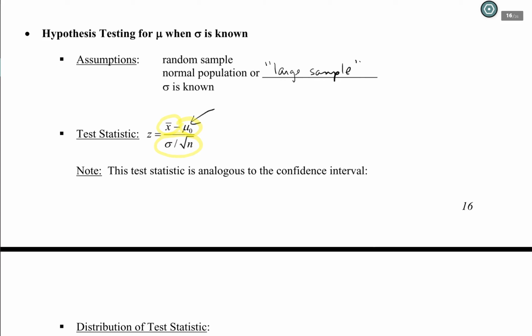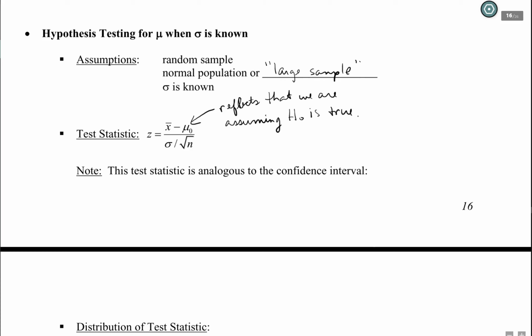Okay, and so the subscript with a naught on it reflects that we are assuming H naught is true.